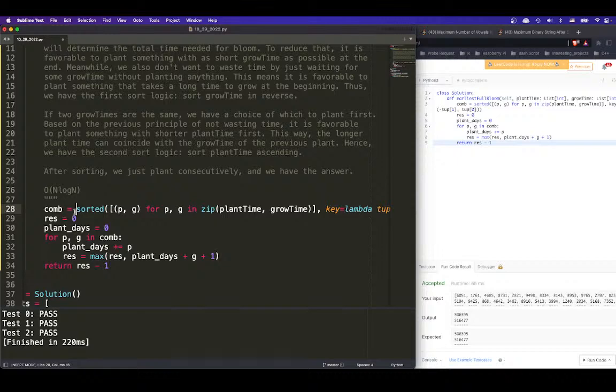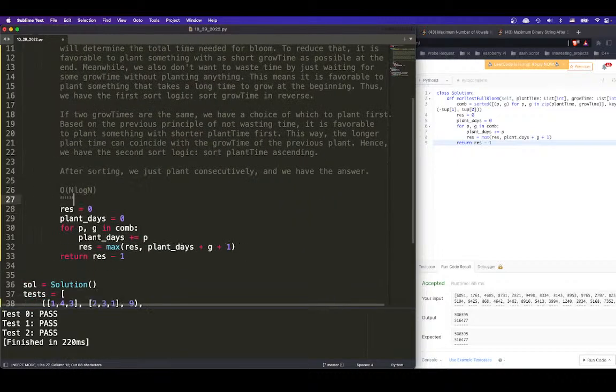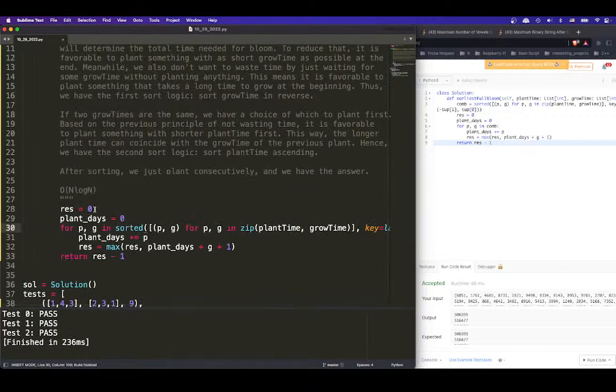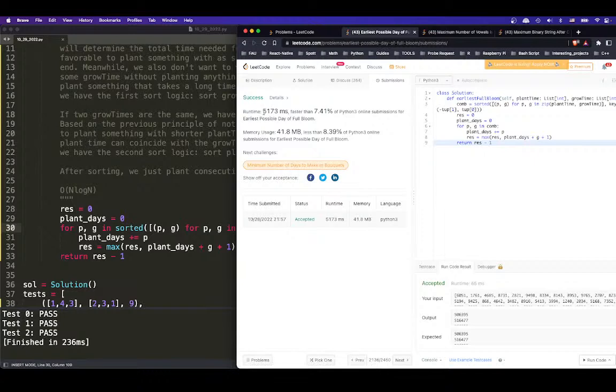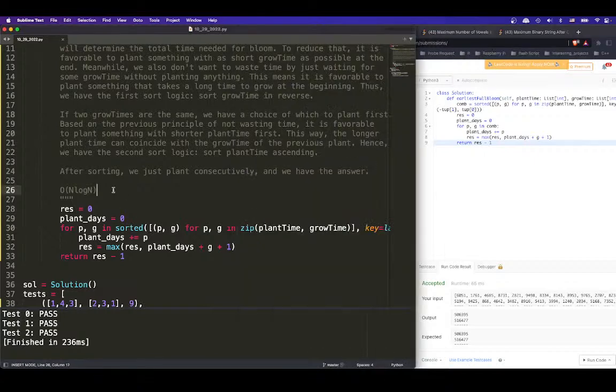And we can put this one here. The runtime is very bad. We'll see. This is maybe not the best solution. Maybe there's an O(n) solution without sorting.